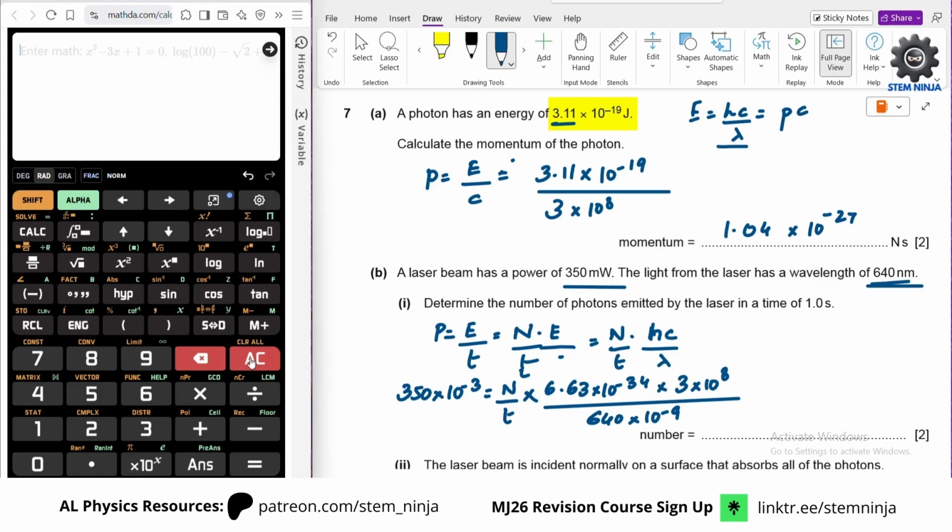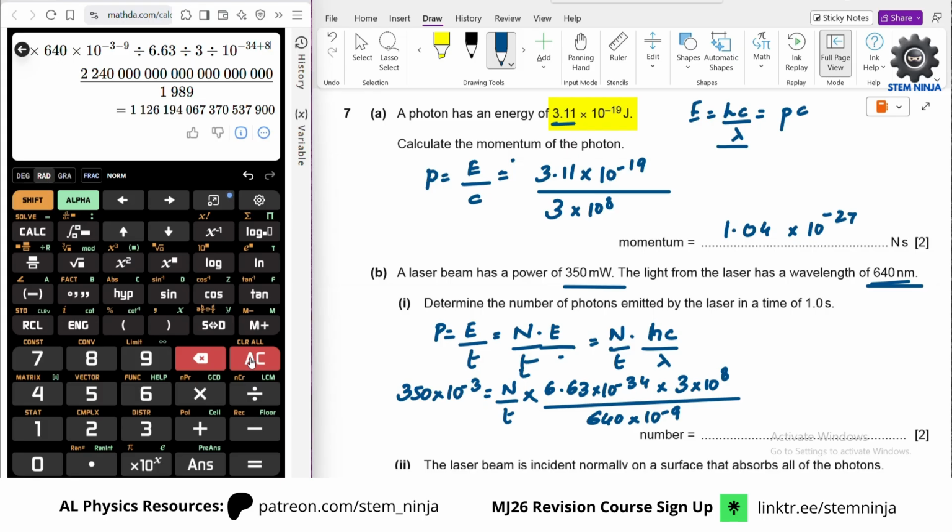So 350 times 640 times 10 raised to the power minus 3 minus 9, divided by 6.63, divided by 3, divided by 10 raised to the power minus 34 plus 8.